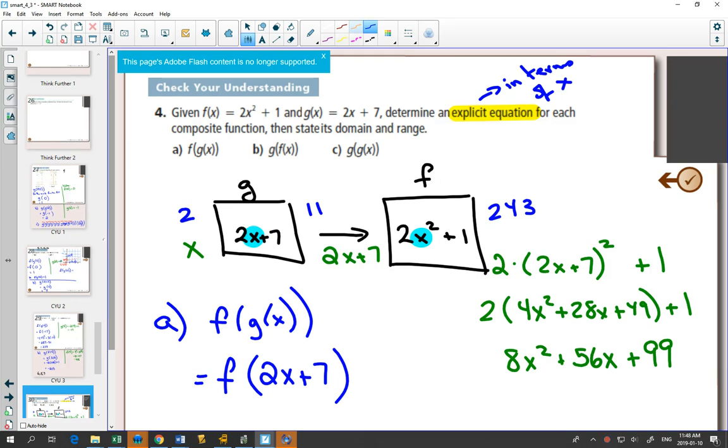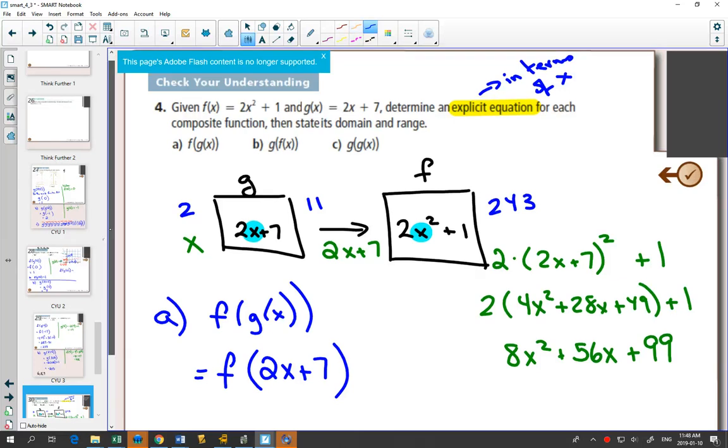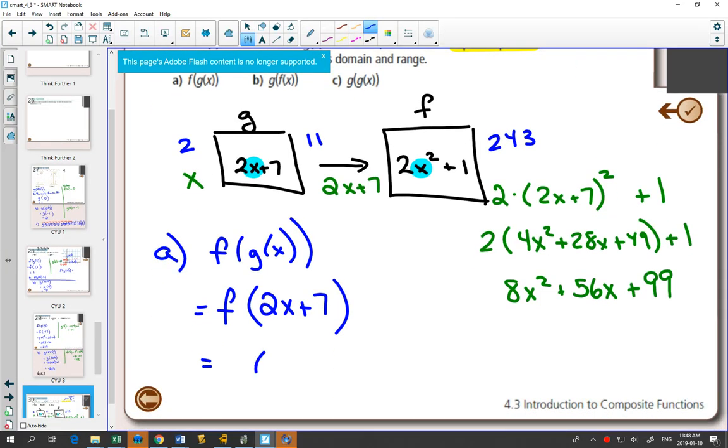And then if you plug a 2x plus 7 into f, well, the F machine says whatever you plug in, 2x plus 7 is what we plug in, it gets squared, it gets multiplied by 2, and then you add 1. Which we already simplified, so we'll just do it quickly here. 8x squared plus 56x plus 99.